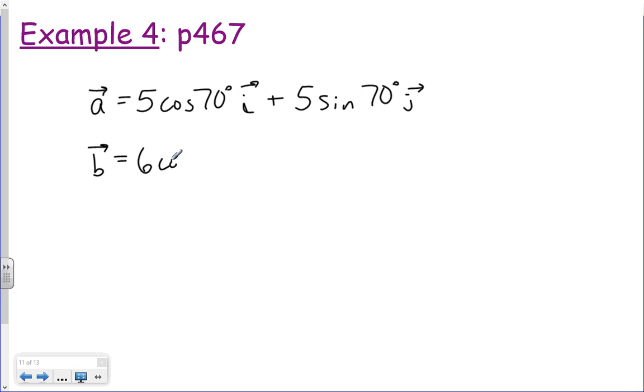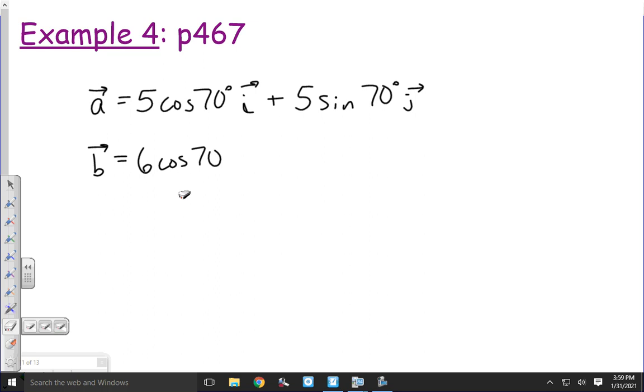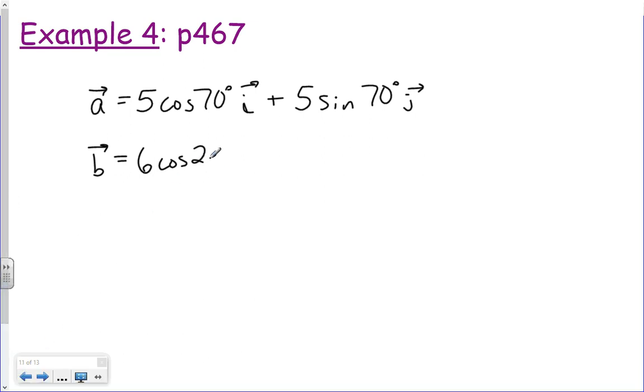So it's 6 cosine of 70, oops, not the same angle. 6 cosine of 25 degrees times vector i plus 6 sine of 25 degrees times vector j.